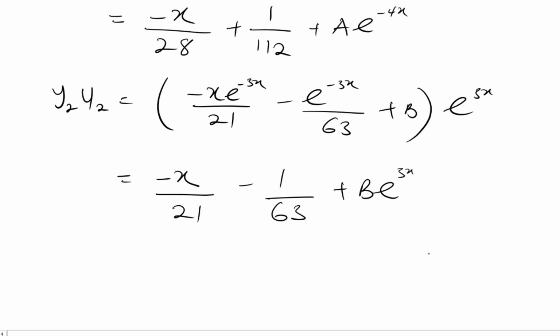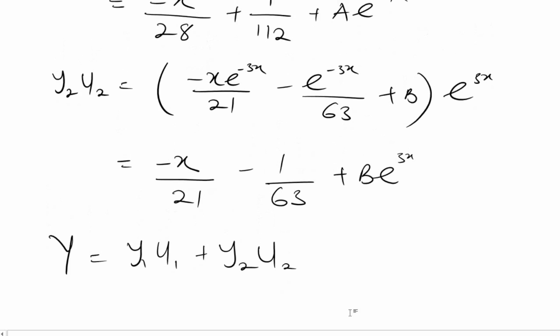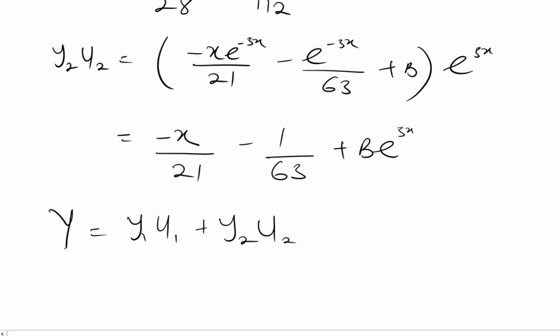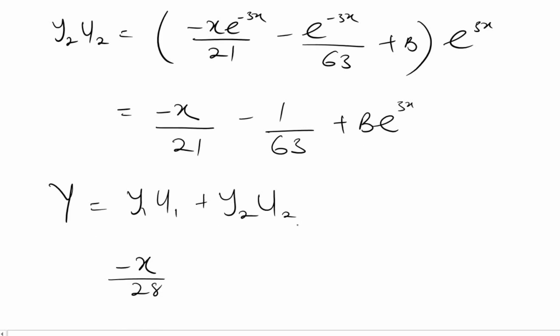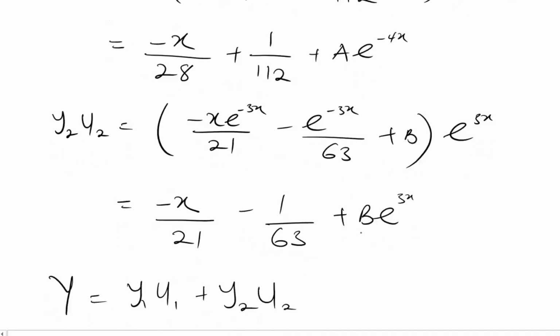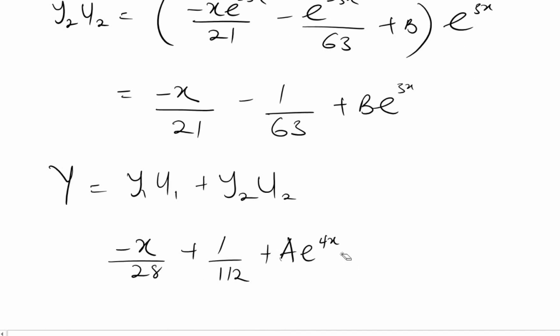So the final solution, now I will just add these two together, y is equal to y1 u1 plus y2 u2. So y1 u1 is minus x over 28 plus 1 over 112 plus a exponential of negative 4x.